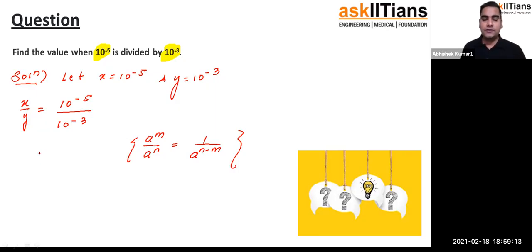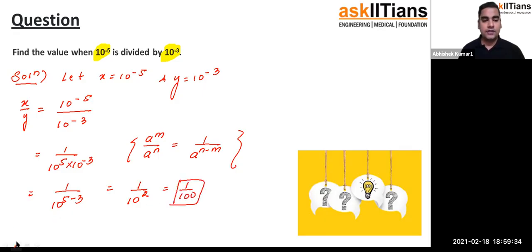Using this rule, I can write 1 upon 10 raised to the power 5 into 10 raised to the power minus 3, or 1 upon 10 raised to the power 5 minus 3. So I will have 1 upon 10 raised to the power 2. Clear? So 1 upon 10 raised to the power 2 gives me 1 upon 100. So 1 upon 100 is the answer in this situation.